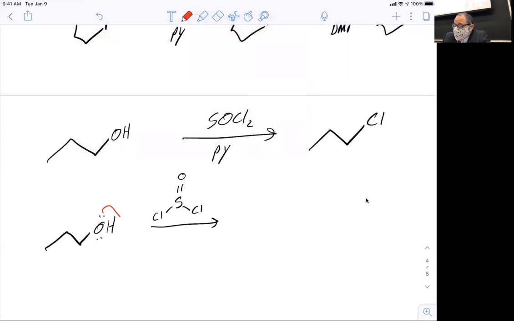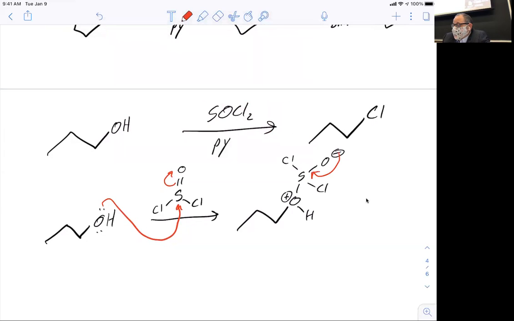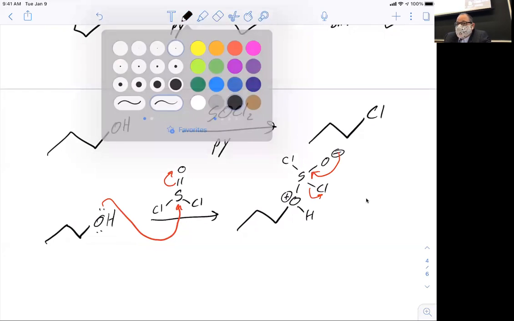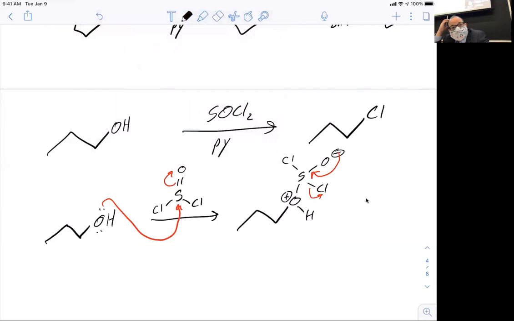The lone pair on the oxygen reacts with the sulfur. So we have oxygen attacking the sulfur. And at this intermediate, the oxygen comes down, kicks off one of the chlorines. Remember the pKa differences between HCl and H3O plus. The chlorine is actually a better leaving group than water.